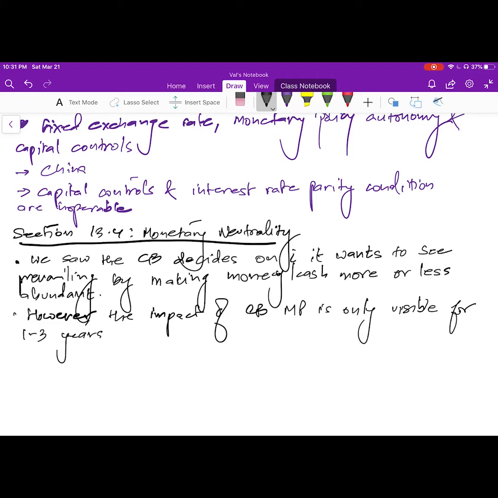It's only visible for 1 to 3 years because beyond this time horizon, monetary policy loses its effectiveness. And so when I say it loses its effectiveness, what does it mean? It essentially loses its ability to influence demand.